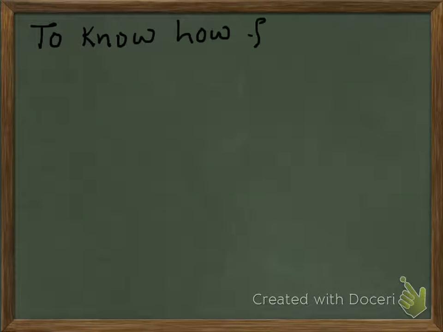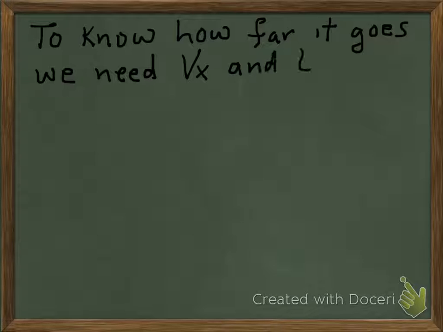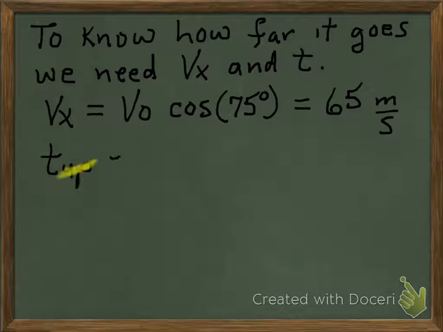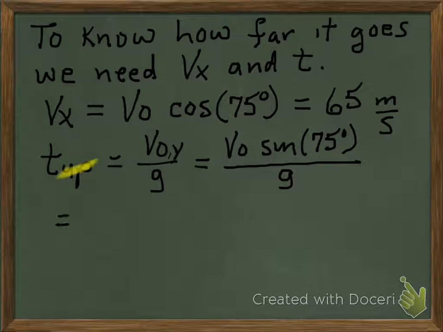So, think the physics. In order to know how far it goes, we need to know the velocity that it's traveling horizontally and the time that it's in the air. So, our horizontal velocity is our initial times the cosine. That gives us 65. And we need the time up.